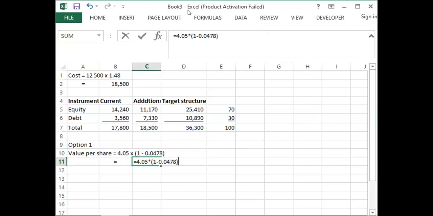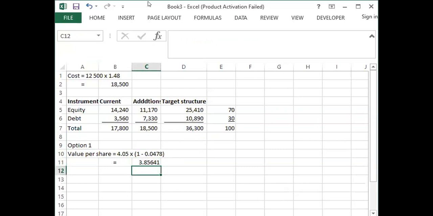Right. So 0.0478 is basically 4.78%. So we want that as 3.86. That's going to be 3.86 right there. Right. Very easy.